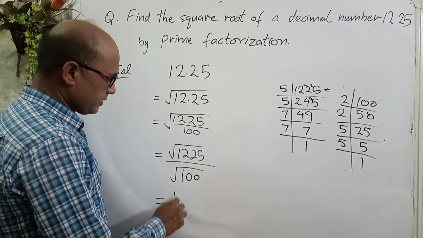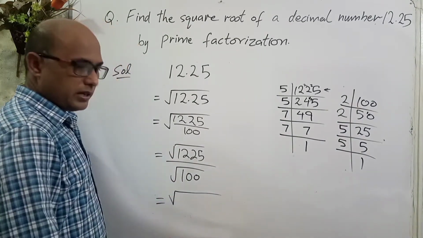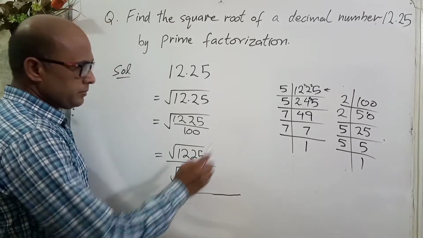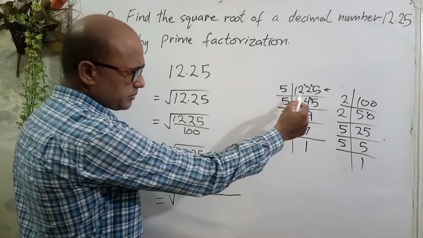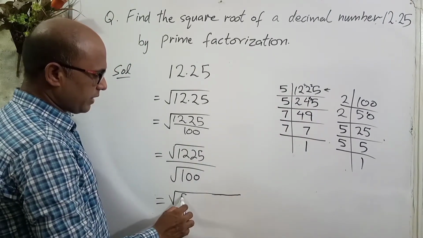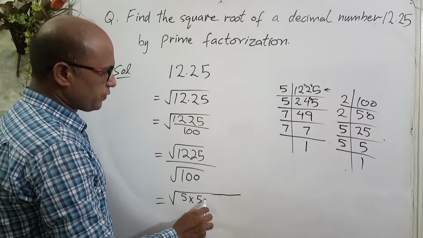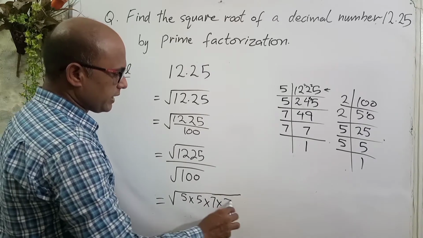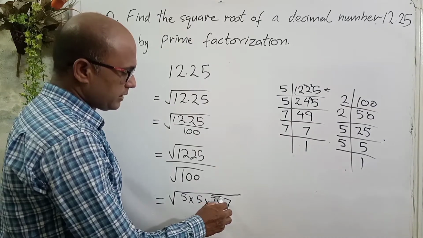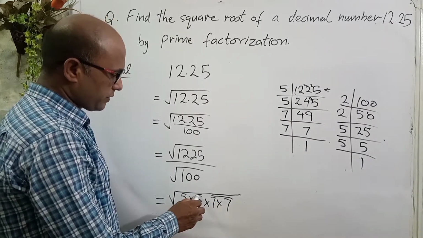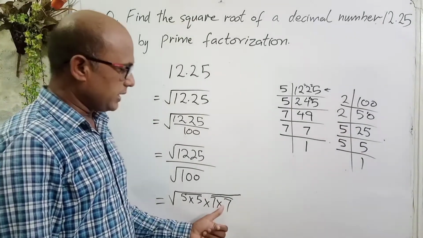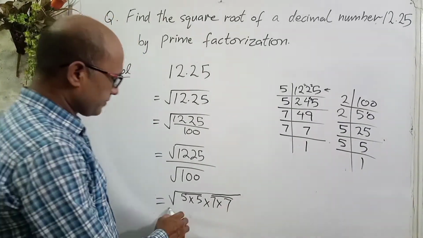So students, we'll write them under the radical sign. First of all, 1225. Factors of 1225 are 5 into 5 into 7 into 7. There are 4 factors and we can make pairs of them. 2 pairs, one of 5 and the other of 7.